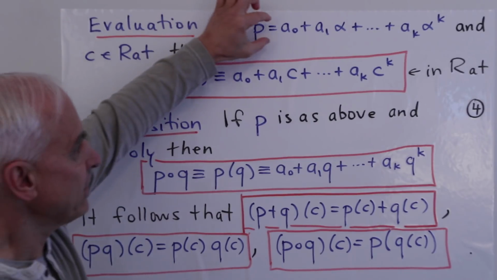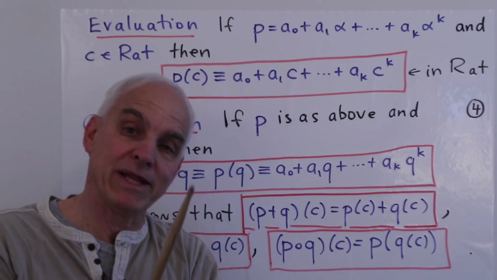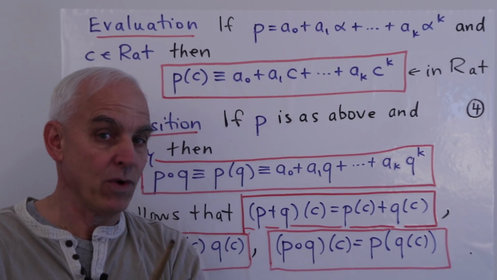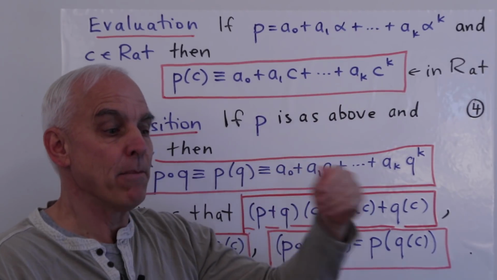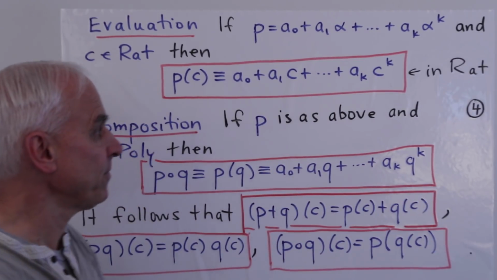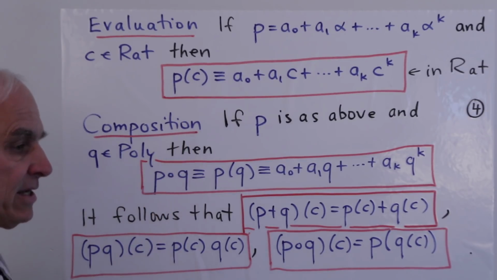So in other words, we take the expression for p in terms of alpha and we replace each of the alphas with c. So we get an expression involving sums of powers of c. And that's a number. It's the evaluation of p at c.